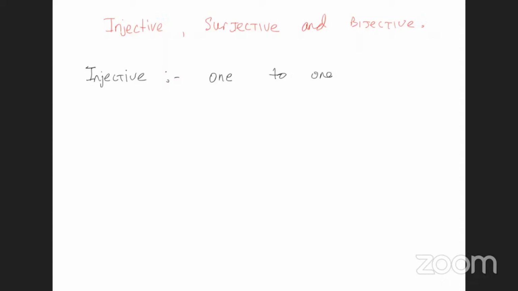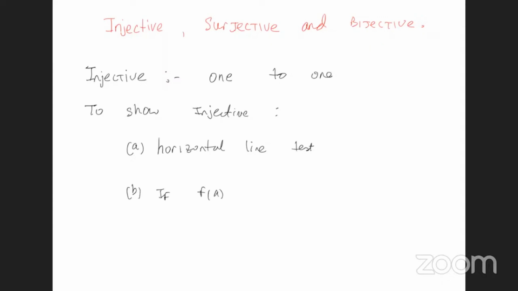How do we show one-to-one? To show injective, we have two techniques. Technique A, the horizontal line test. And B, if f(a) is equal to f(b), then we should be able to get a and b being equal.